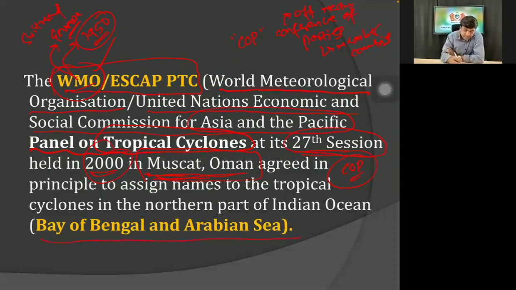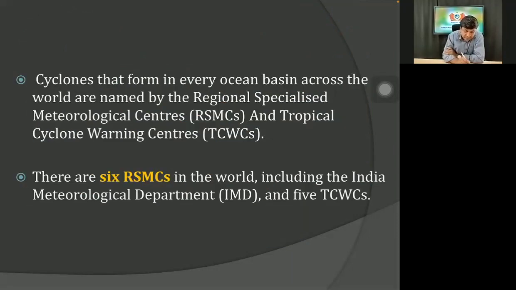Here you have to remember that we have Regional Specialized Meteorological Centres, RSMC, as well as Tropical Cyclone Warning Centres, TCWC. We have 6 RSMCs and 5 TCWCs.